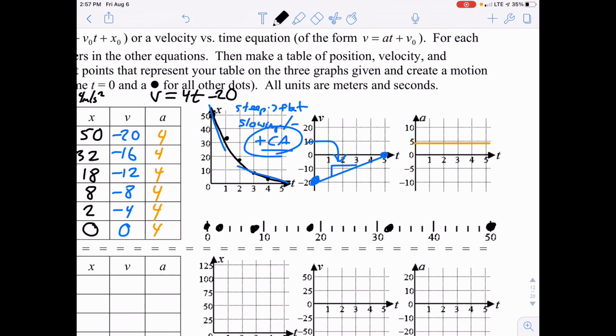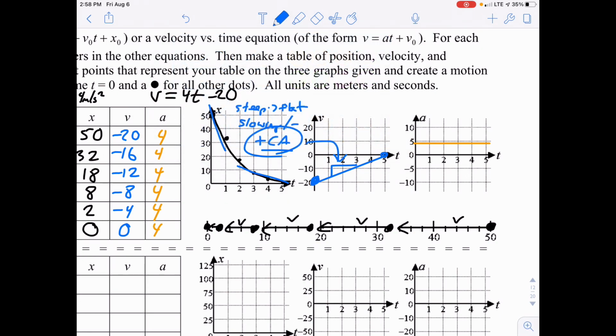Okay, so what does my motion map look like? My velocity looks like this. Notice my velocity vectors are pointing to the left because it's negative velocity, but they're getting shorter because I'm slowing down. But since I am slowing down, my acceleration vector needs to go the other way.